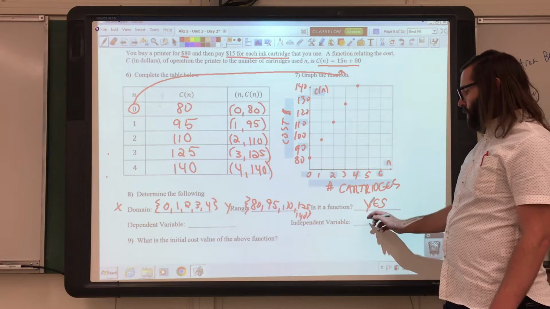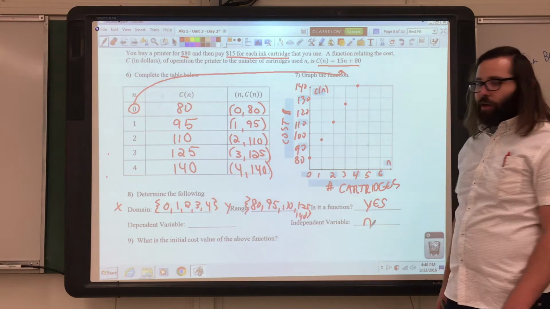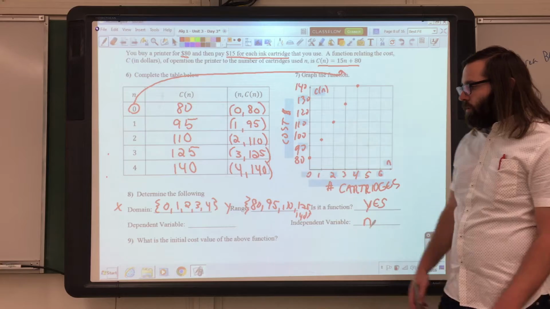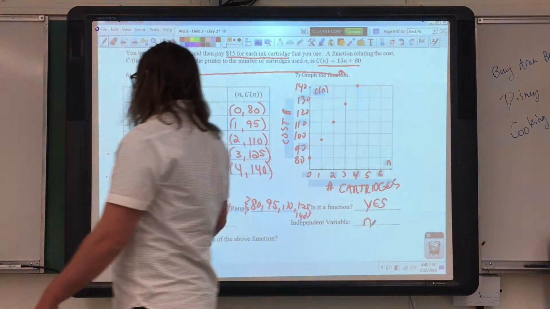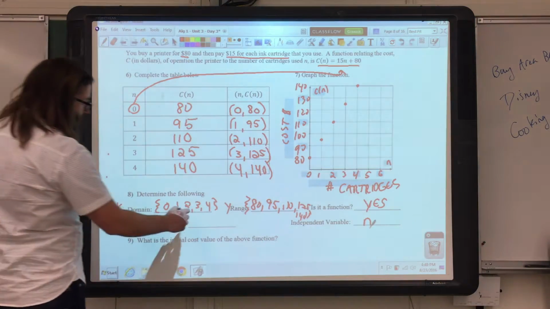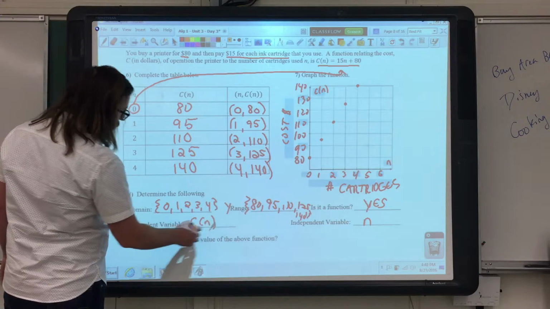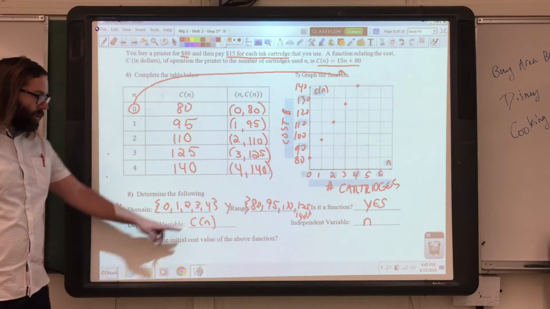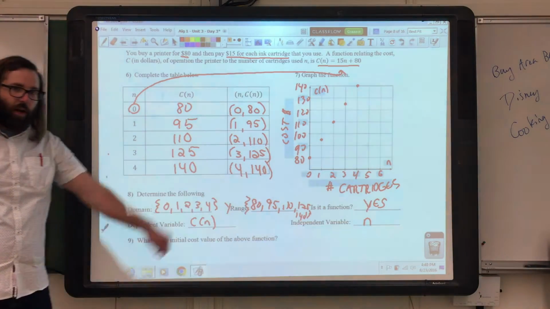Our independent variable is going to be n, our number of ink cartridges. Our dependent variable is going to be C of n, or the cost. You can do cost and number of ink cartridges, that's fine.